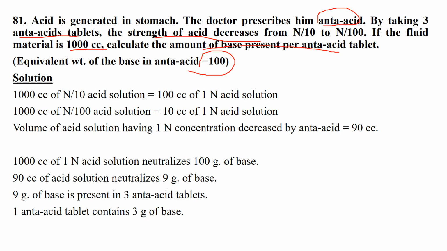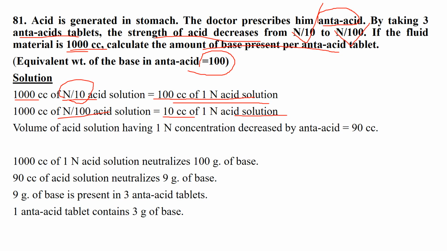Now, 1000 cc of N/10 acid solution means 100 cc of 1N acid solution. Just multiply 1000 by 0.1, and the answer will be 100 cc of 1N acid solution. We have to convert these two strengths into the same strength, that is 1 normal. Then 1000 cc of N/100 acid solution is equal to 10 cc of 1N acid solution.